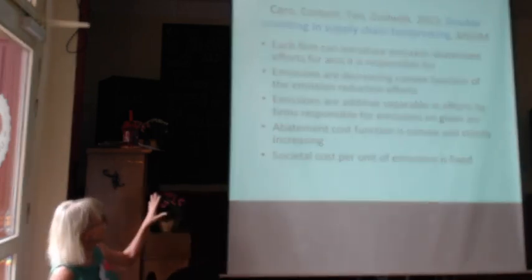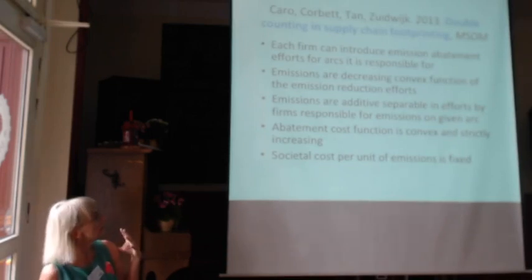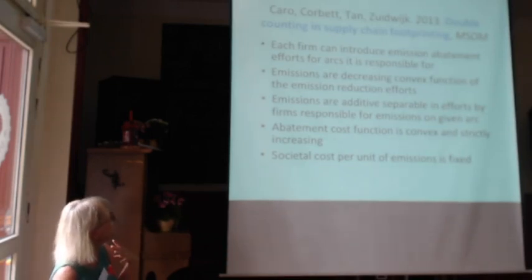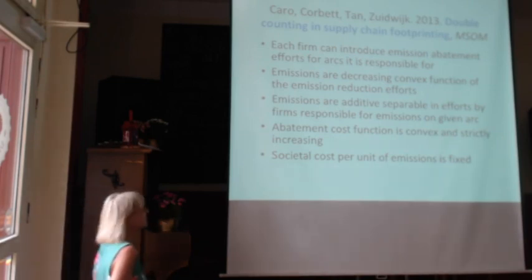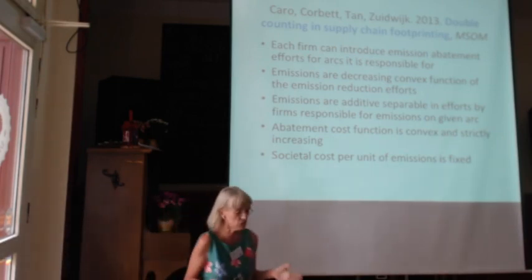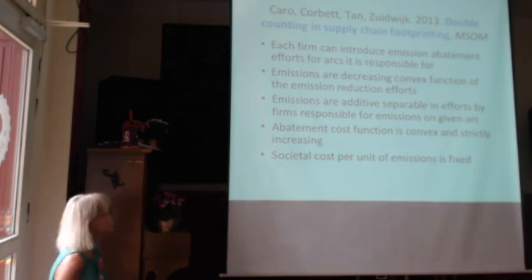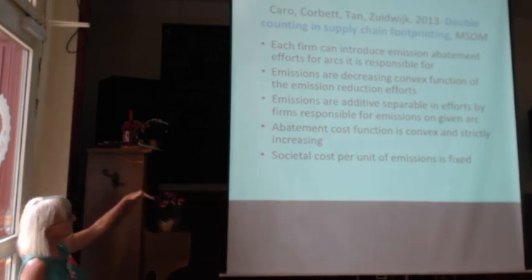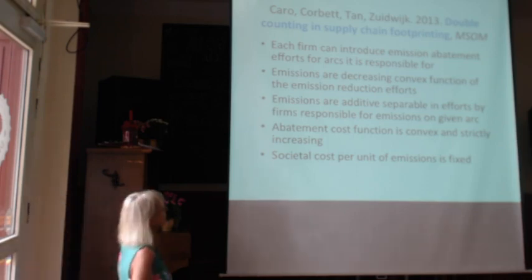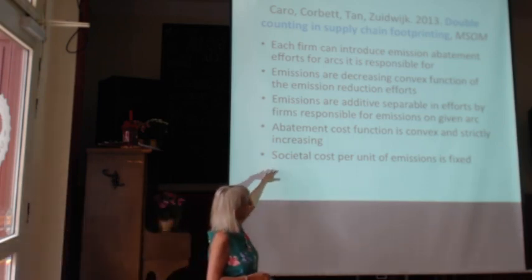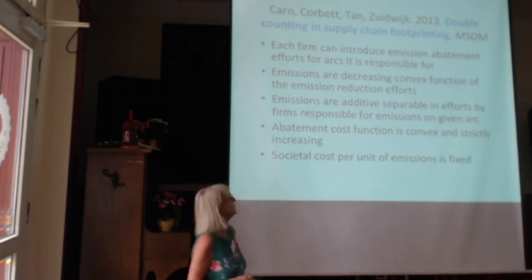And so the original paper that I mentioned that motivated this by Felipe and his co-authors assume that each firm can introduce abatement efforts for emissions that it's responsible for. And there are some properties on the functions, the cost functions and emission functions. And the societal cost, let's say the carbon tax, is fixed.